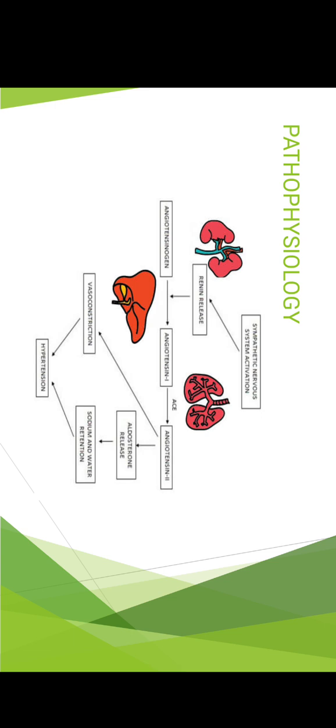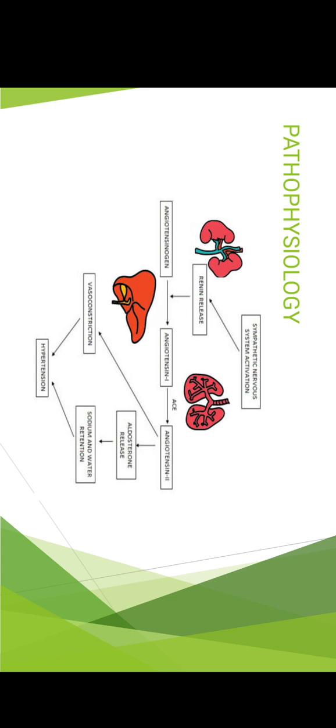Angiotensin 1 is an inactive form, so it has to be converted to angiotensin 2 to become active. Angiotensin 1 is converted to angiotensin 2 by an enzyme called angiotensin converting enzyme, ACE, which is produced by the lungs.